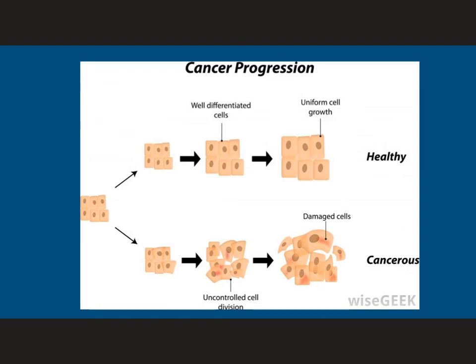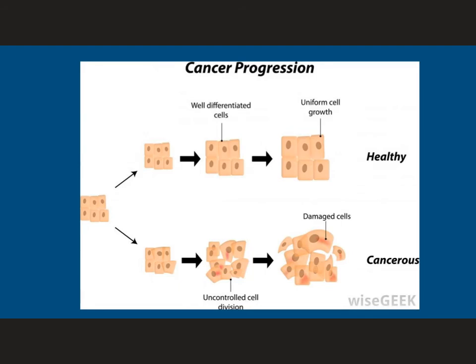The top one is how it should be, well-defined cells, and the bottom ones are uncontrolled cell division. As you can see, some are bigger, some are smaller, and they're not how they should be. And the damaged cells are also going to be there, and they're going to become cancerous cells.